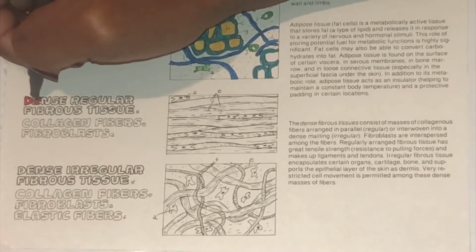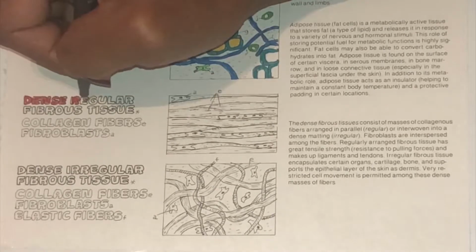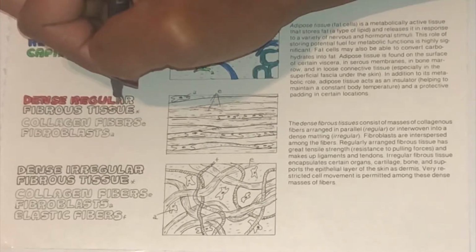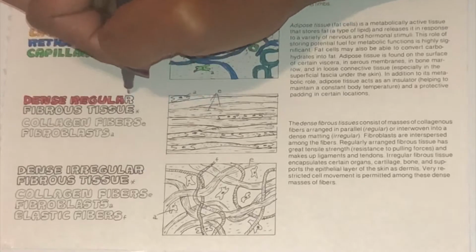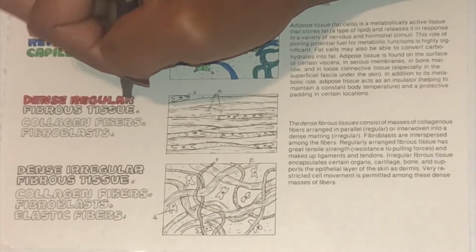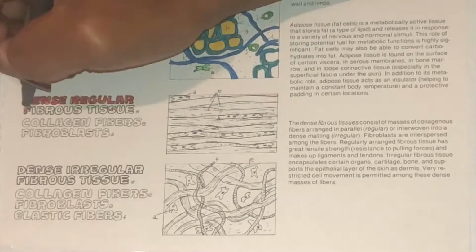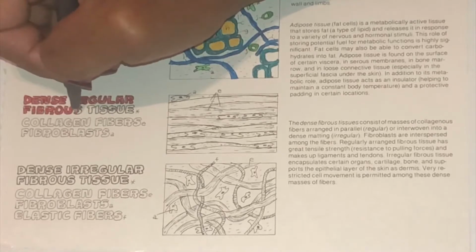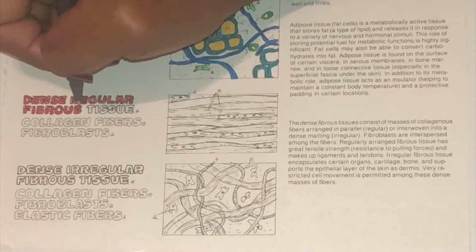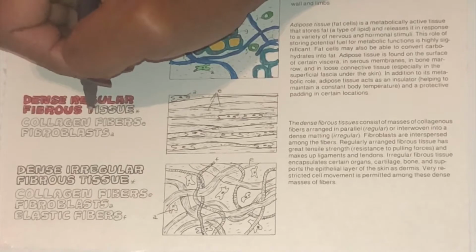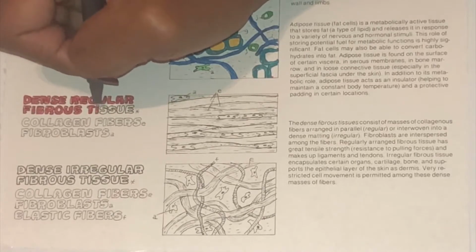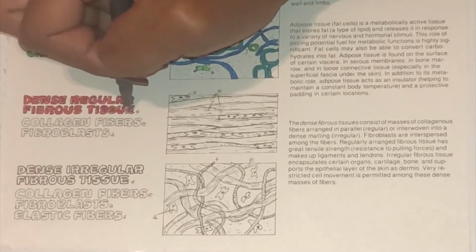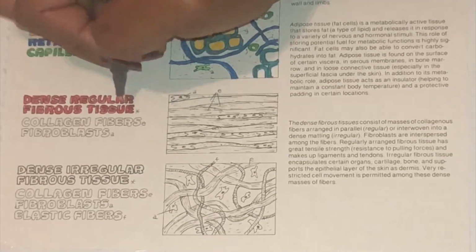So now we're down here to dense, regular, fibrous tissue. That category right there. The dense fibrous tissues consist of masses of collagenous fibers arranged in parallel, regular, or interwoven into a dense matting, irregular.